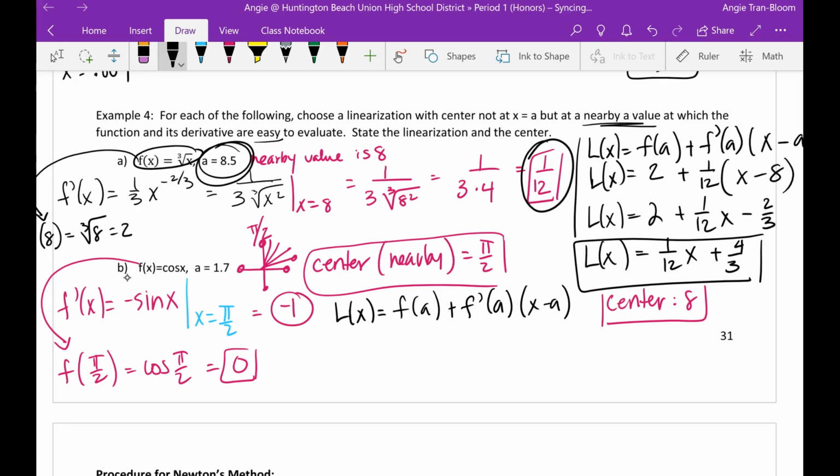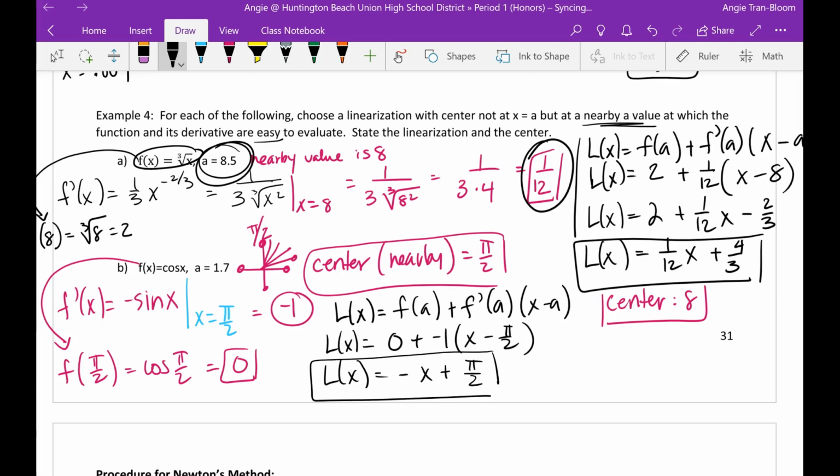So L of x equals f of a, which is 0, plus f prime of a, which was negative 1, times x minus, sorry, my nearby point was pi over 2. Let's distribute. This is going to give me a negative x and a positive pi over 2. So this is as far as I can go in terms of my linear approximation function.